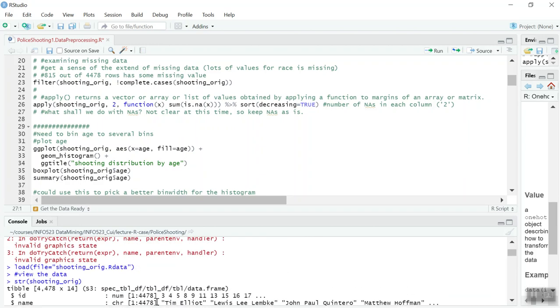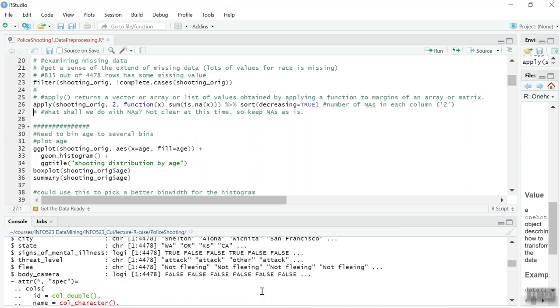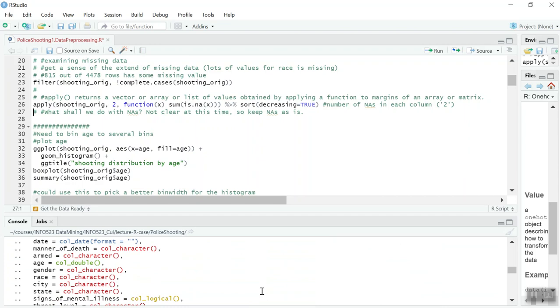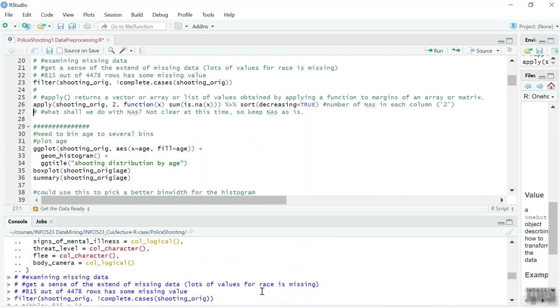The ID is really not numerical, even though it's numbers, right? We know that. Imputing age is not a good idea, because age, as we're going to see later, is actually quite informative in this data set. So imputing a fairly critical piece of the attributes is not a good idea, because we run the risk of biasing our understanding.